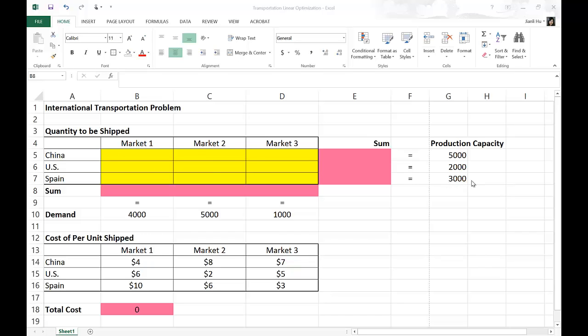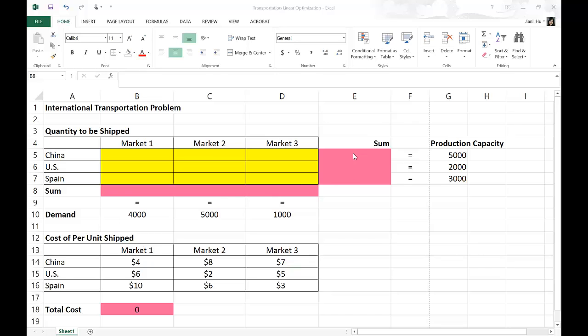Same here, among the 3,000 units we're going to produce in Spain, how many should be sent to each market? The constraints are, of course, what we send out should be equal to what we can produce, and what each market receives should be equal to the demand.